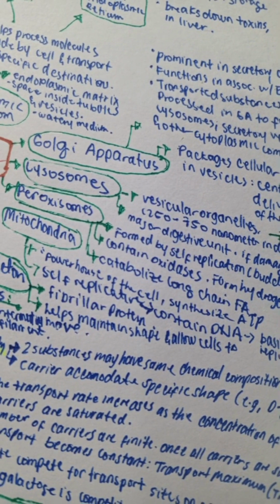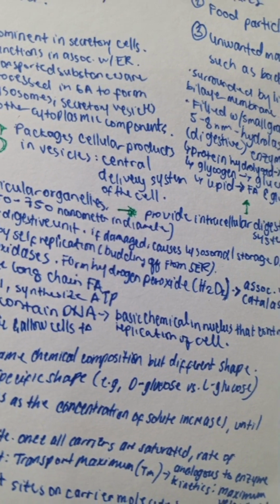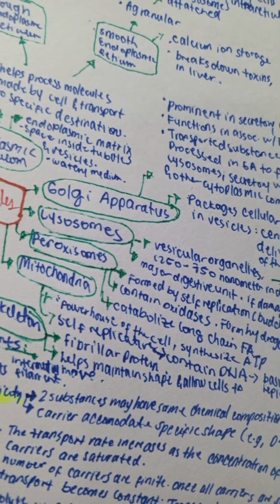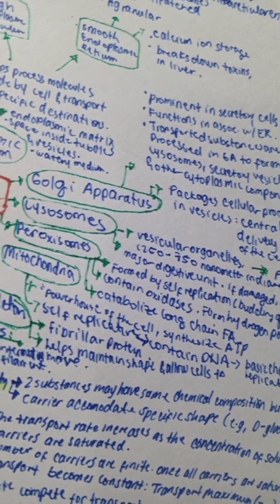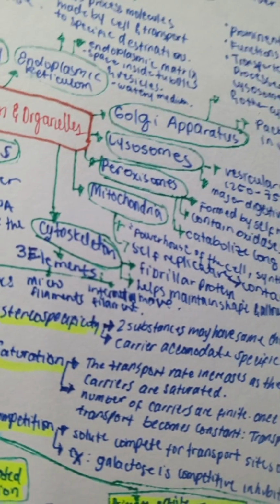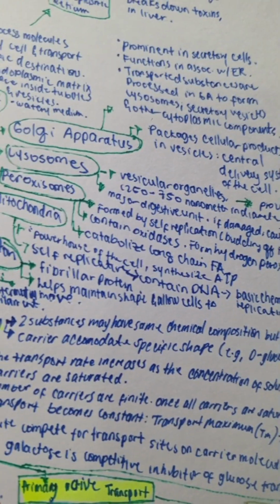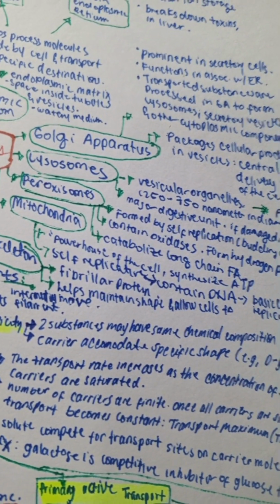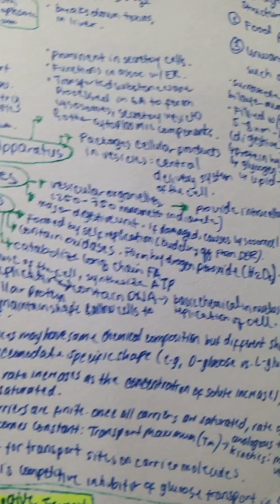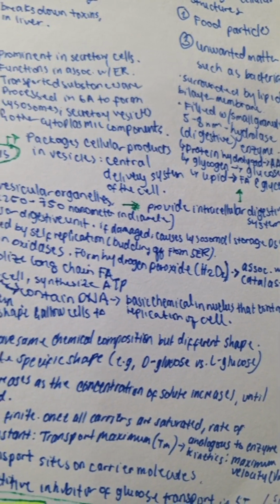Another function is that it catabolizes long chains of fatty acid. Another organelle is the mitochondria. It is known as the powerhouse of the cell, and it synthesizes ATP. It's self-replicative, and it contains DNA, the basic chemical in the nucleus that controls replication of the cells.